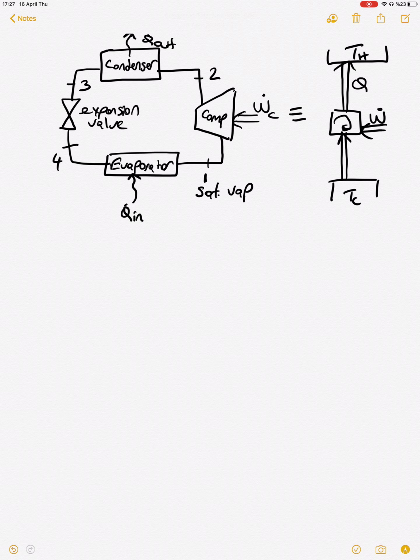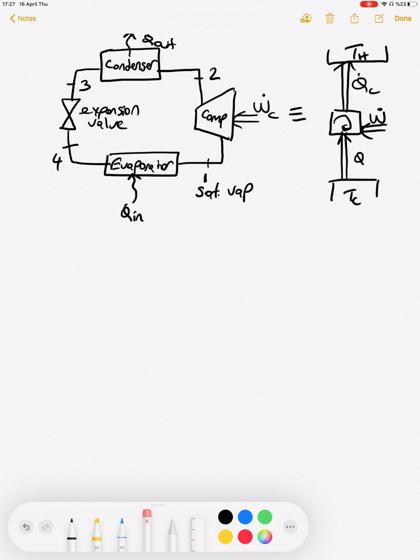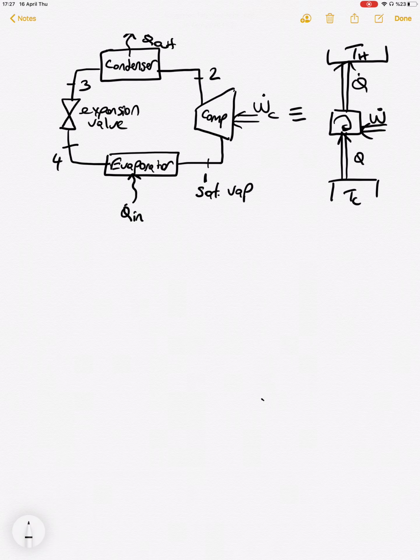This is Q dot H, and this is Q dot C, cold. So this is an equivalent system. In order to carry the energy from low temperature to high temperature, we require work input.